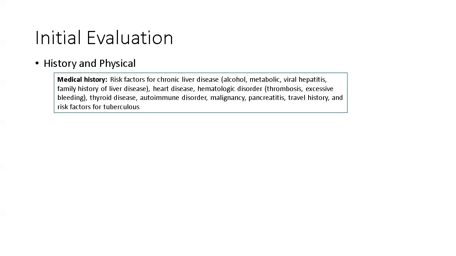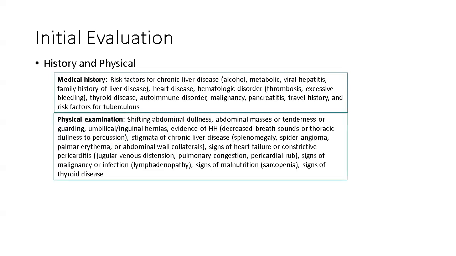And then as far as liver disease, alcohol, metabolic things, do they have risk factors for chronic hepatitis? Do they have a known diagnosis of hepatitis C or a different hepatitis? Heart disease, have they had hematologic issues in the past, either thrombosis or bleeding, thyroid and autoimmune disease, and then malignancy, pancreatitis, and then again, less likely for us, tuberculosis, but important to ask about in the right patient population.